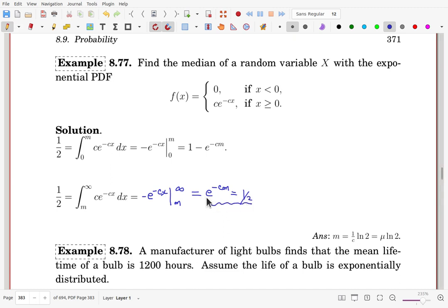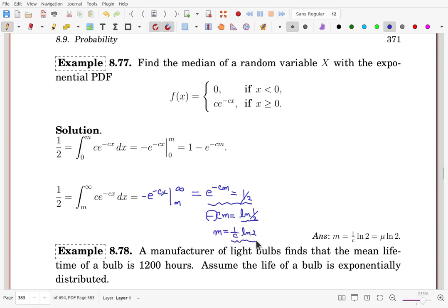So taking the logarithm, minus cm is the same as the logarithm of a half. Along with this negation, it changes into logarithm 2. So m is 1 over c times logarithm 2.